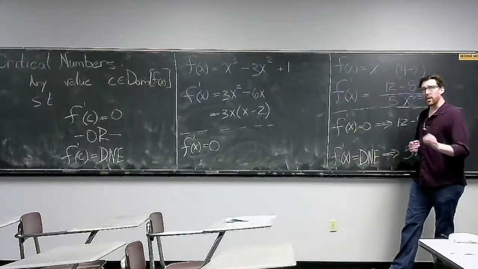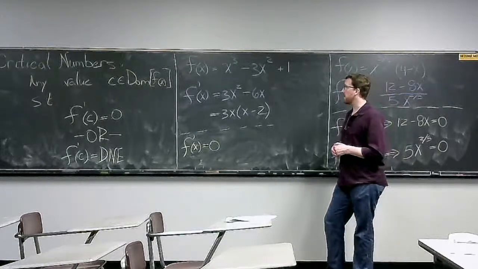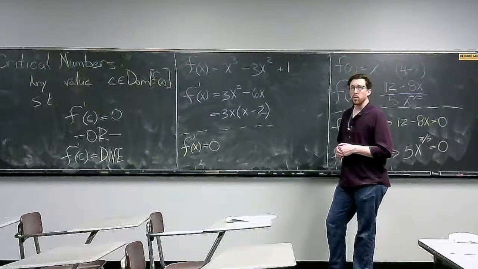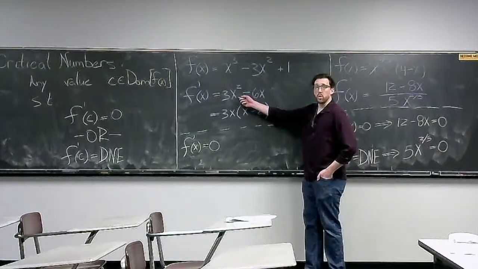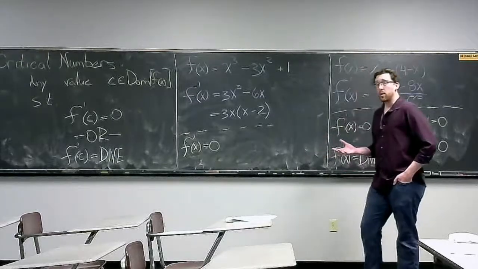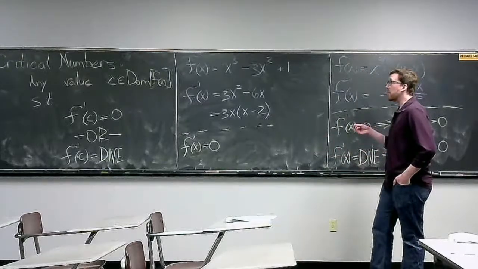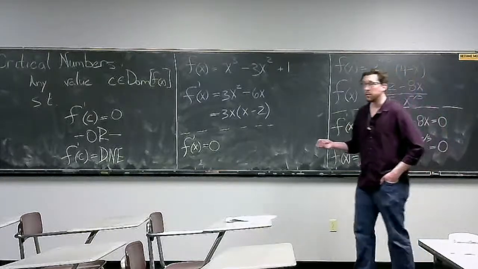Why in this particular case am I saying we only need to check for where our derivative is equal to 0? Well, it's because our derivative is a polynomial, right? So its domain exists everywhere. Hence, there are no values of x for which the derivative does not exist.